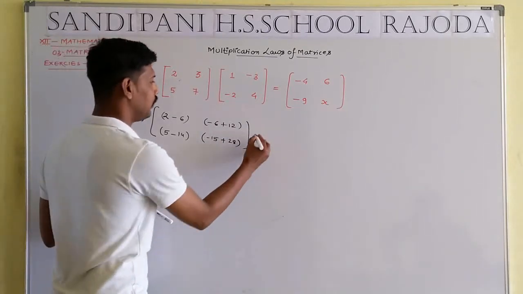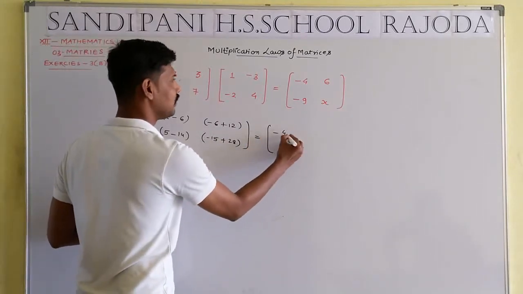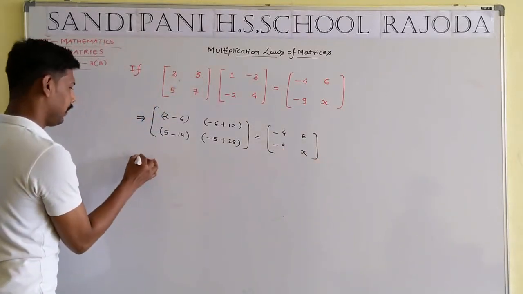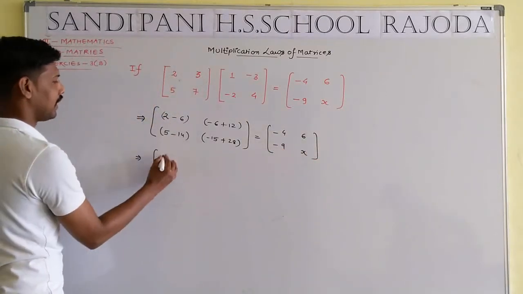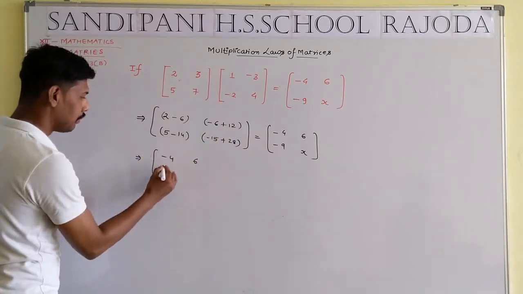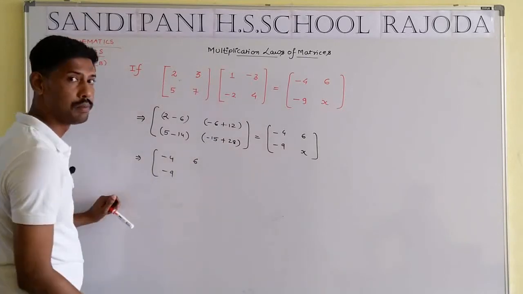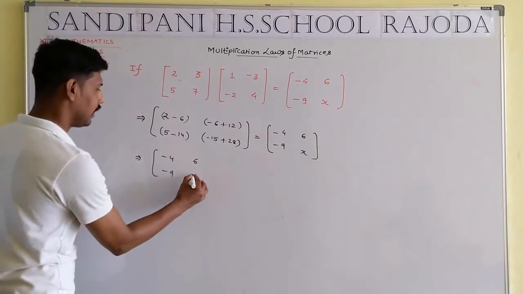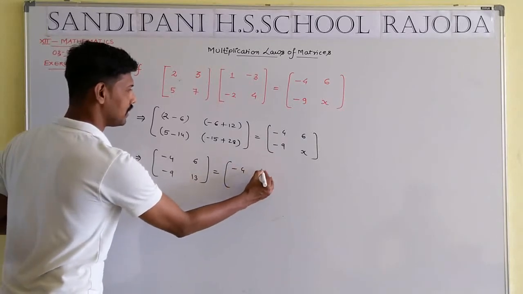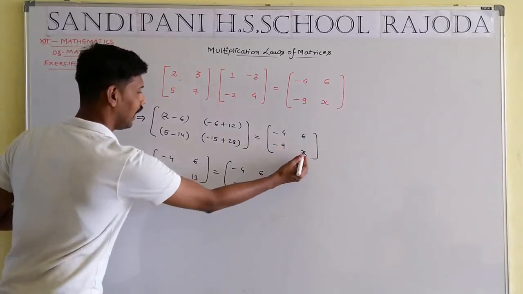Now this will be equal to [-4 6; -9 x]. Simplifying, 5 minus 14 is minus 9, and minus 15 plus 28 is 13, which will be equal to [-4 6; -9 x].